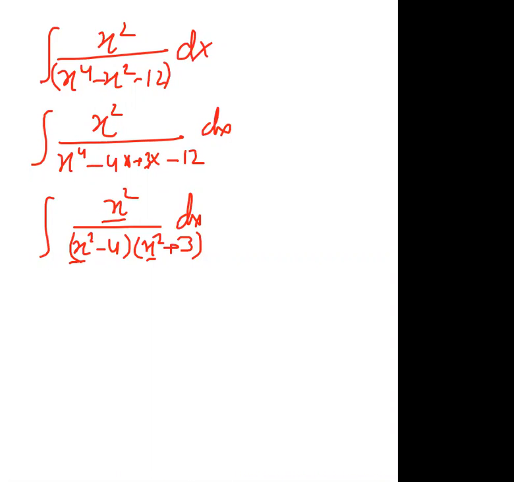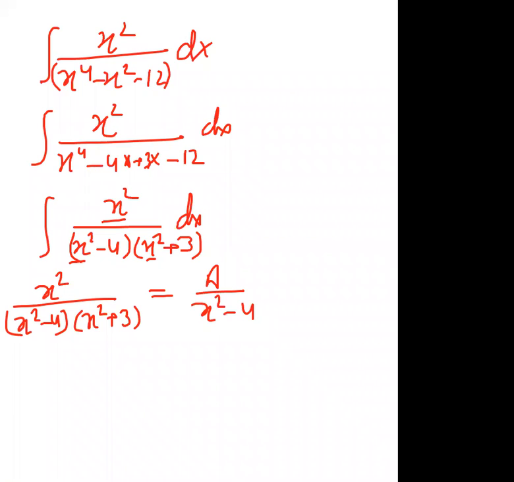So what I could do is write x square upon x square minus 4 times x square plus 3 as a upon x square minus 4 plus b upon x square plus 3. Now we need to calculate the values of a and b.